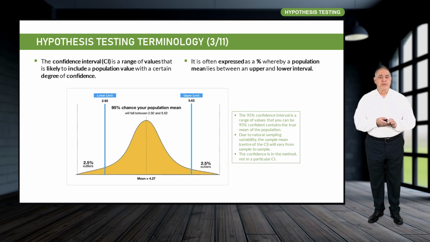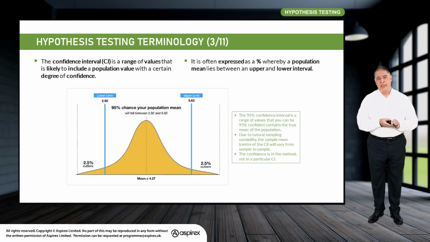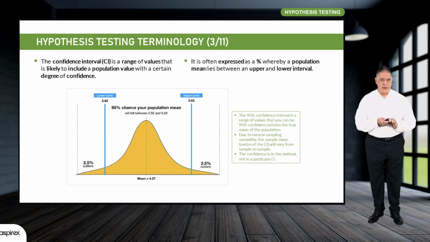So it is often expressed as a percentage, whereby a population mean lies between an upper and a lower interval. And these two endpoints are calculated by statistical software packages like, for example, Minitab. So Minitab is going to calculate the confidence interval for you based on the data that you input.